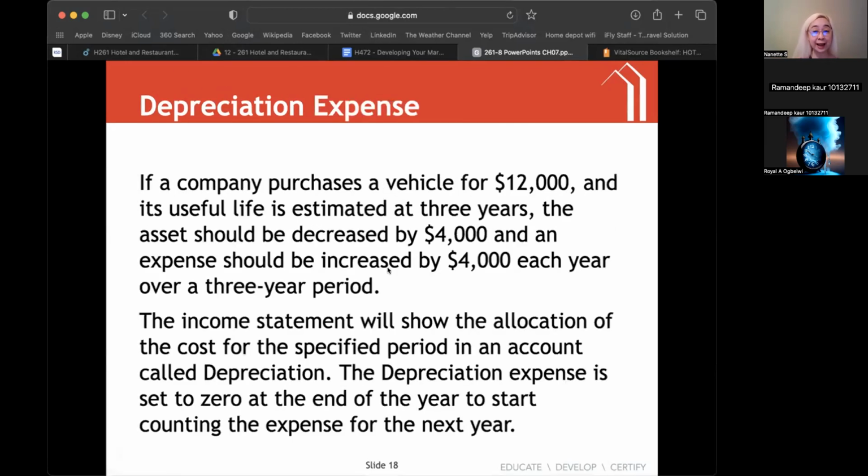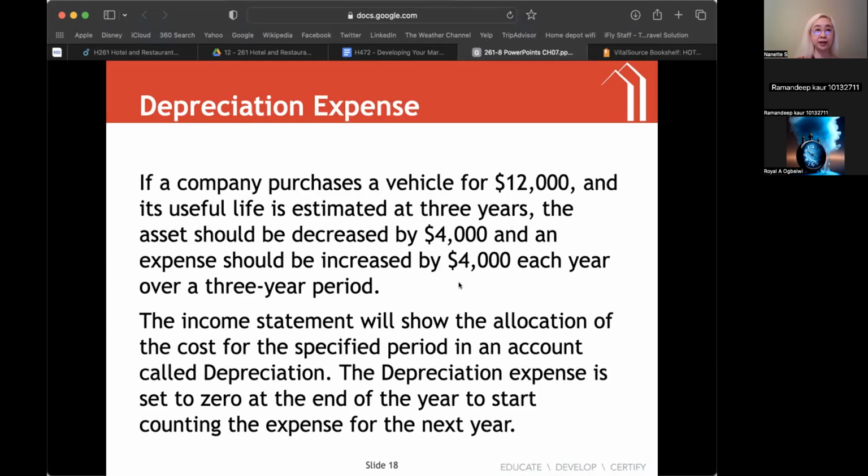So here is an example. Let's say you bought a car or a vehicle and it's 12,000. So you're going to estimate the useful life. Let's say you're going to use it for 3 years. So each year, it will decrease by 4,000. So an expense should be increased by 4,000 for each year over a 3-year period, right?